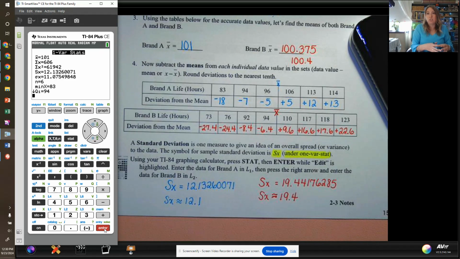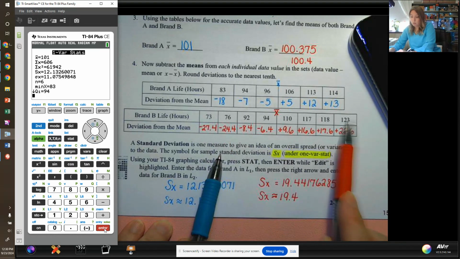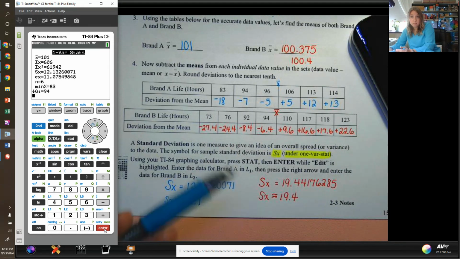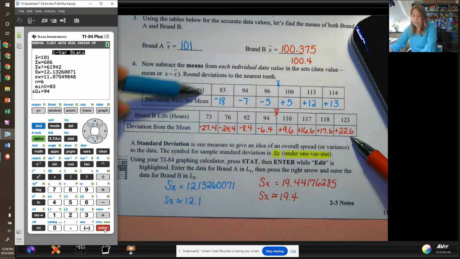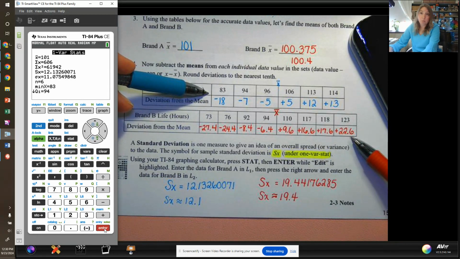Whose standard deviation was bigger, brand A or brand B? Whose range was bigger, brand A or brand B? Whose deviations from the mean were bigger, brand A or brand B?